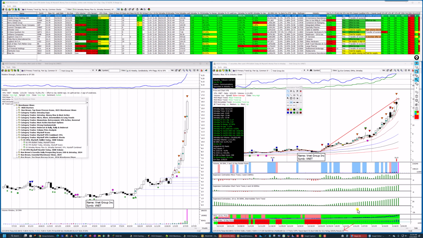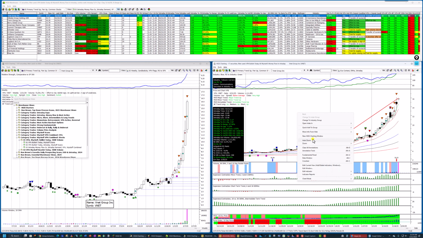You get this information by bringing this up. I use the alternate A key, and it's also up here. And then you can just draw a trend line, and it will tell you the gain over the number of days. I'm going to right mouse click and clear all annotations to get rid of that.